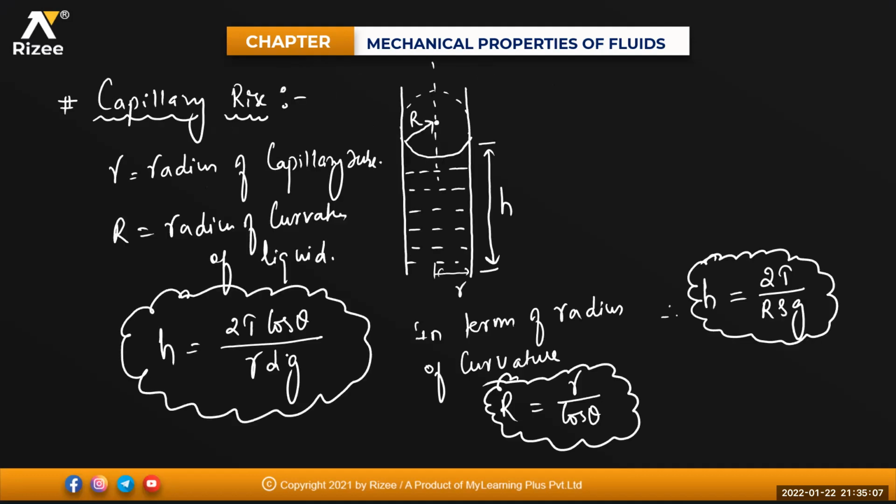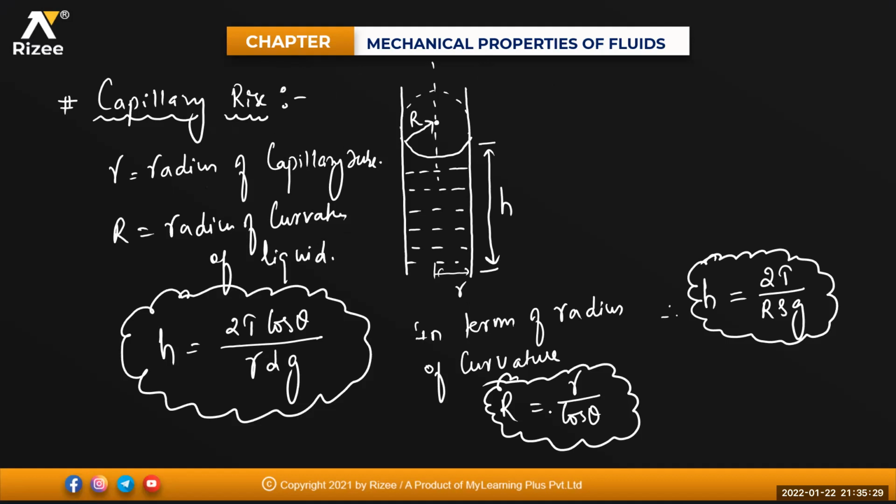Very, very important. So for a capillary tube in a liquid, whenever a capillary tube is inserted into the liquid, the rise of the liquid in the capillary tube is calculated with the formula h equals 2T cos theta divided by r rho g, where rho is the density of the liquid, r is the radius of the capillary tube, T is the surface tension, and theta is the angle of contact.